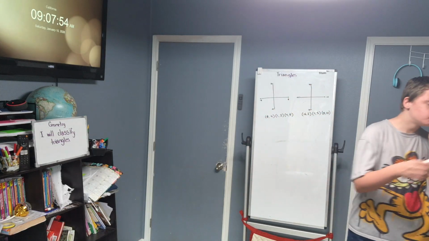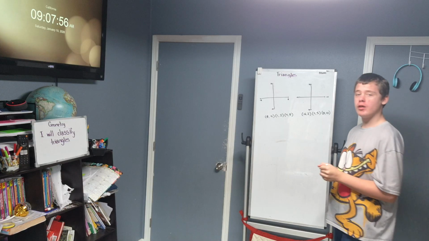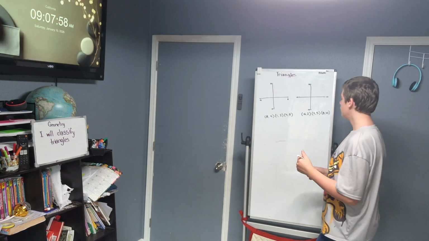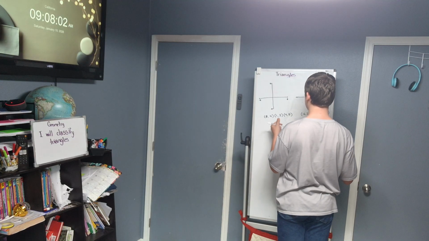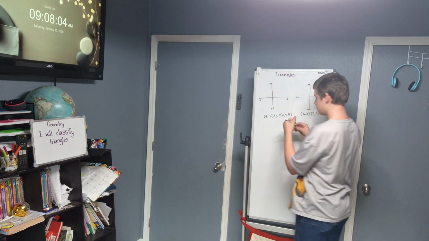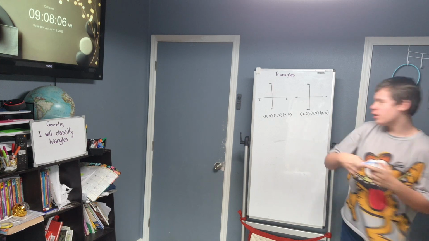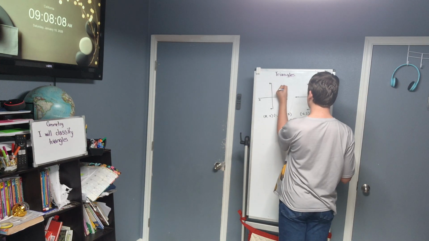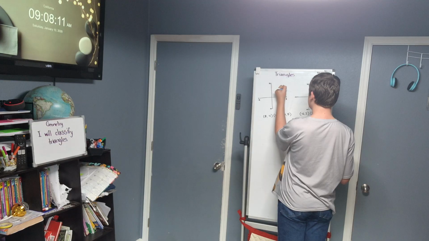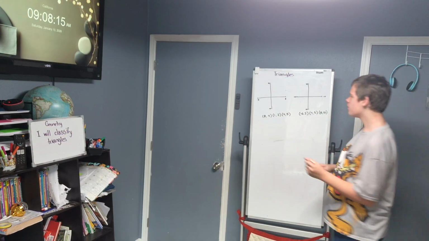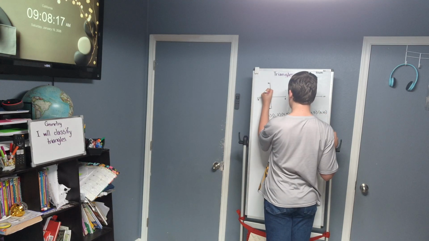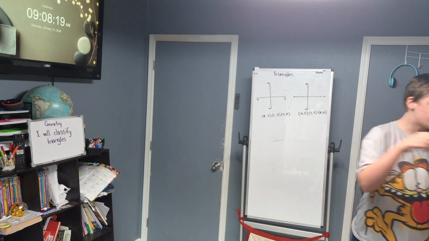Okay. So it's been a little bit over 2 minutes, so we have 8, 4, so point 1 on our graph here. Like here. And then 1, 2 here, and then 4, 5.